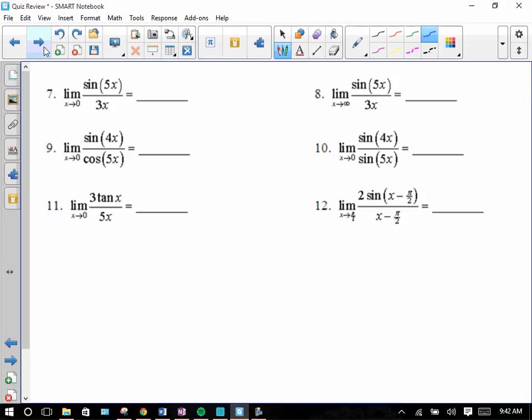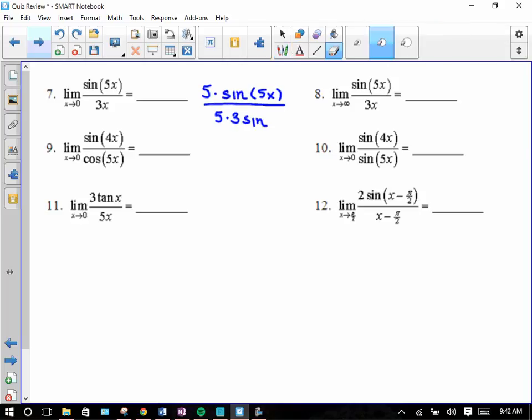Alright? So I can make this look the same just by taking this and going 5 times sine of 5x divided by 5 times 3x.